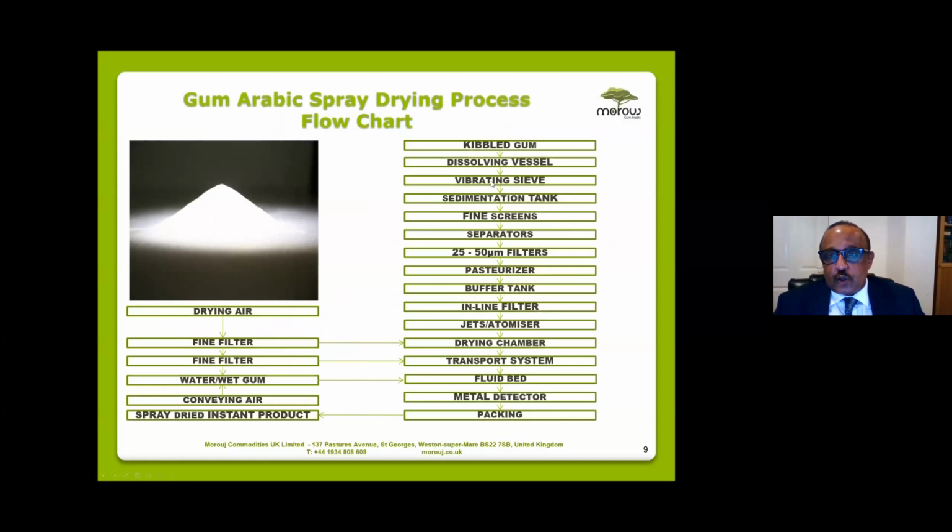This chart shows the spray drying process steps. I've been working in spray drying companies for a long time, and this shows exactly the steps of how to produce spray-dried gum. So it's not a difficult technology. It is straightforward.